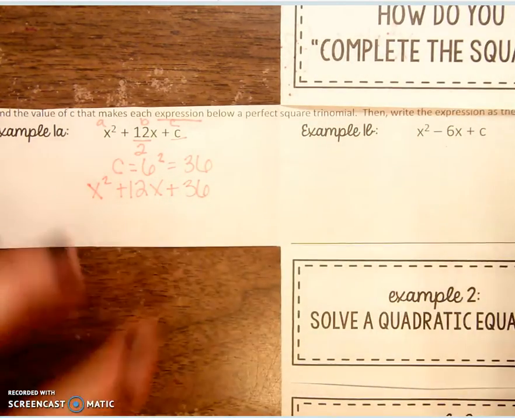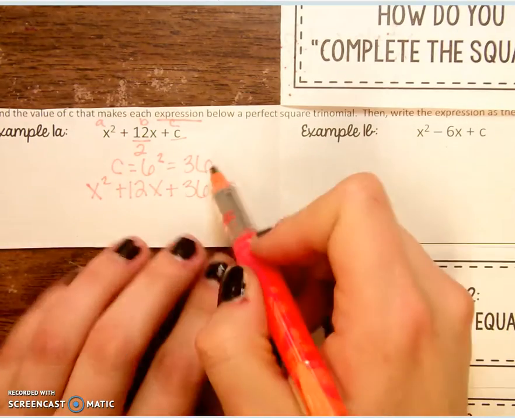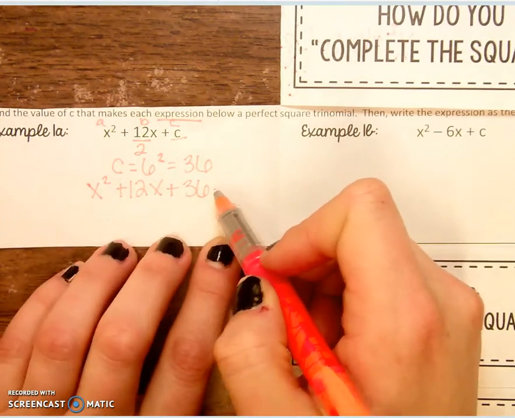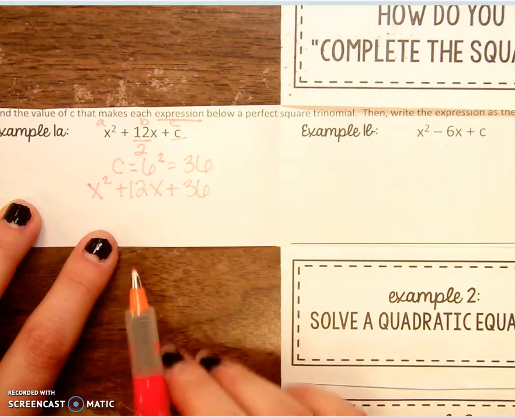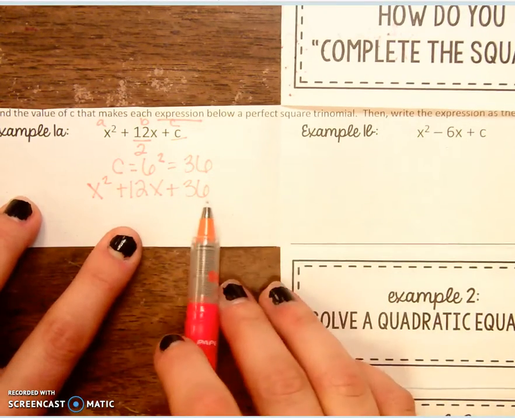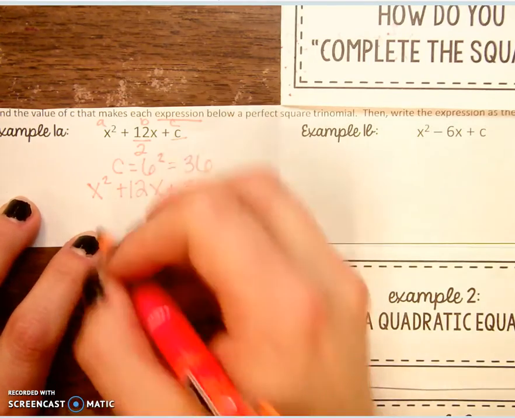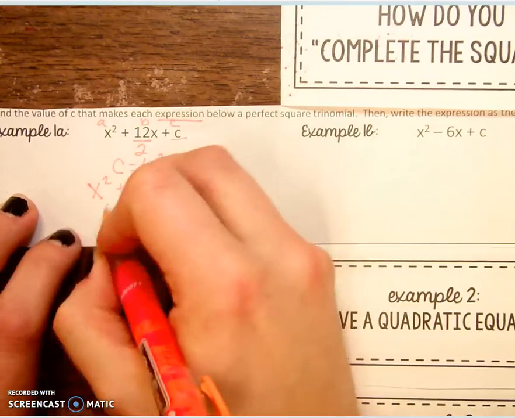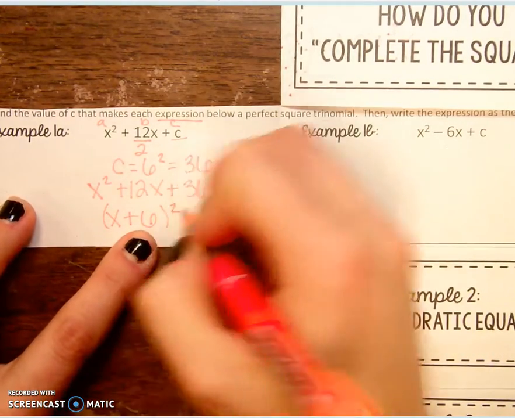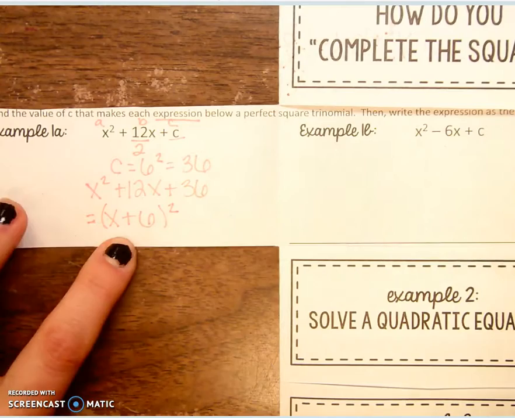I wanted it to be a perfect square trinomial. 36 is a perfect square. So what two of the same number, since it is a perfect square, multiply to 36 and add to 12? It'll be x plus 6 times x plus 6, or just x plus 6 squared.